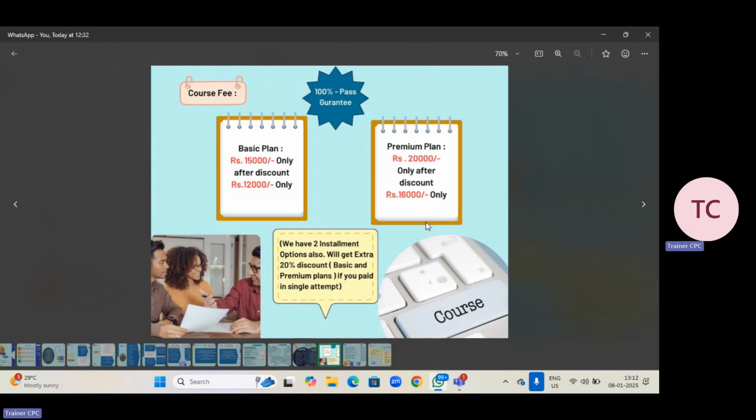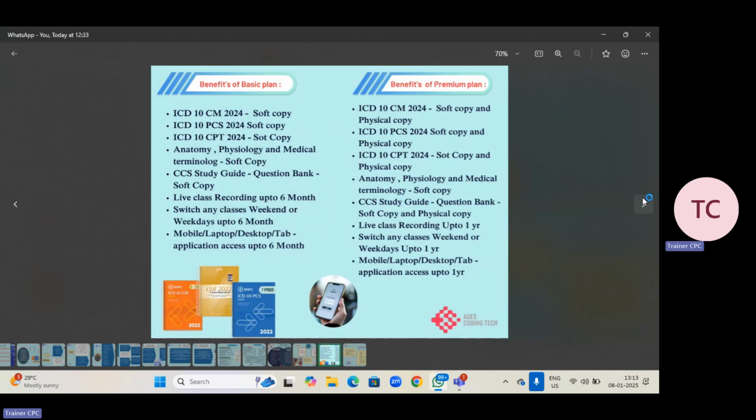Now you will have a doubt. Then what is the difference between this basic plan and premium plan? Let me explain the benefits of the basic plan and premium plan.